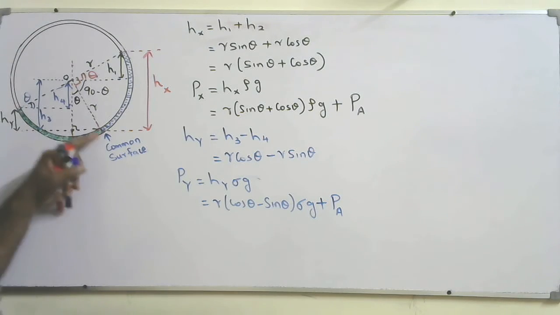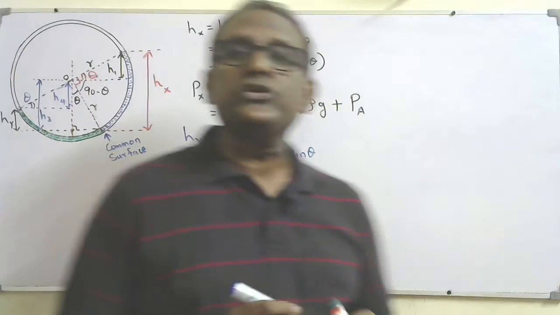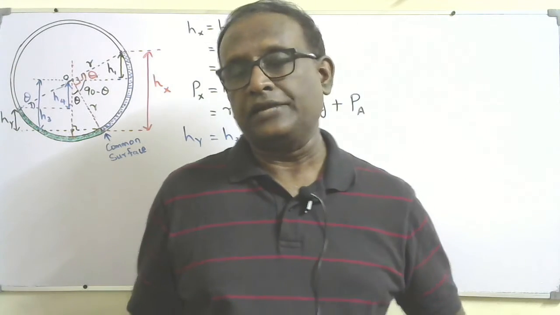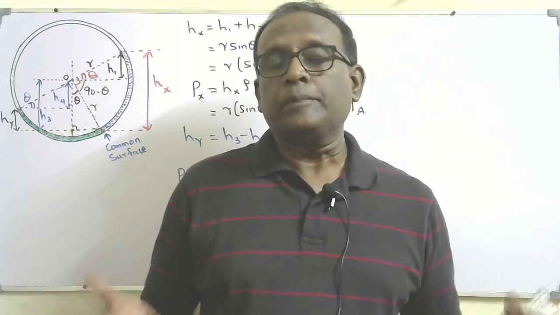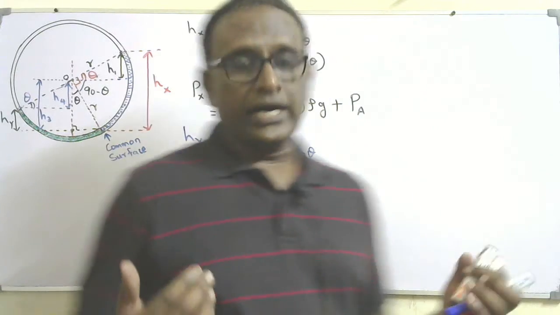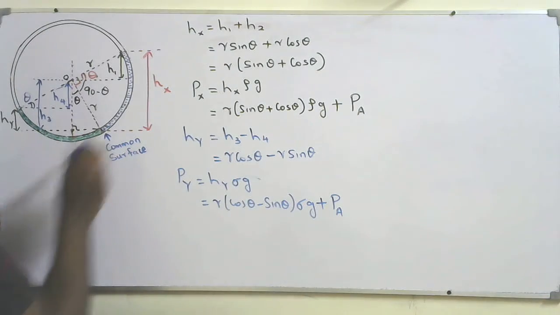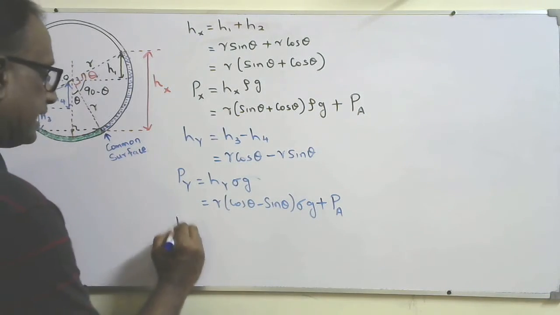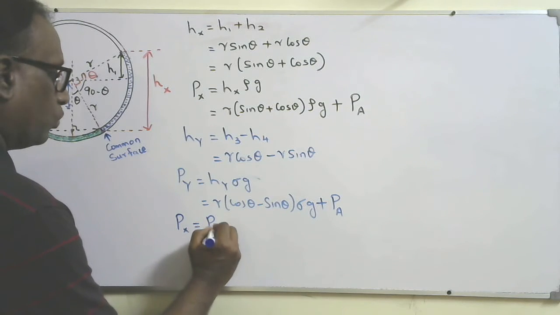But at the common surface, the total pressure due to liquid X must be equal to the total pressure due to liquid Y. So at the common surface, PX is equal to PY.